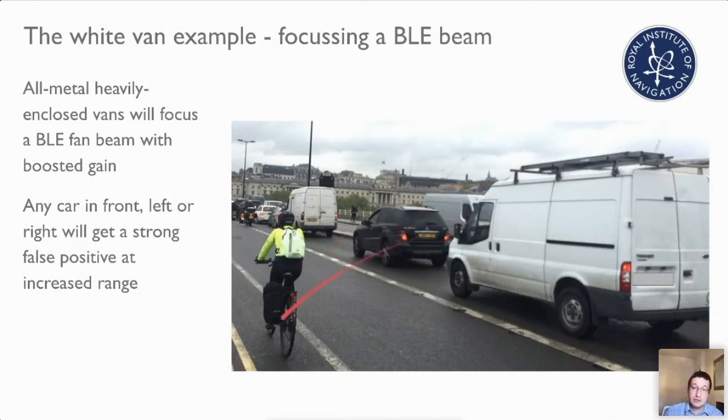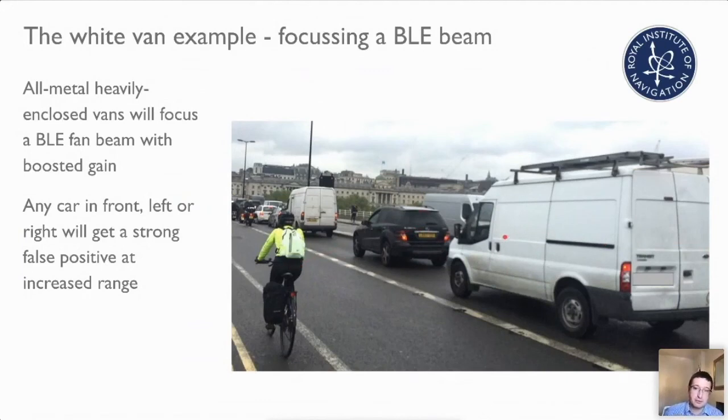So they actually project a fan beam out the front, which is giving you better than free space path loss. In other words, this driver here with his Bluetooth COVID tracking app smartphone is effectively projecting himself about 5 meters outside his car into this one and next to this cyclist and so on, because the energy that should be going in all the other directions in his panel van is being carried forwards and to the sides, boosting his apparent proximity to these people.